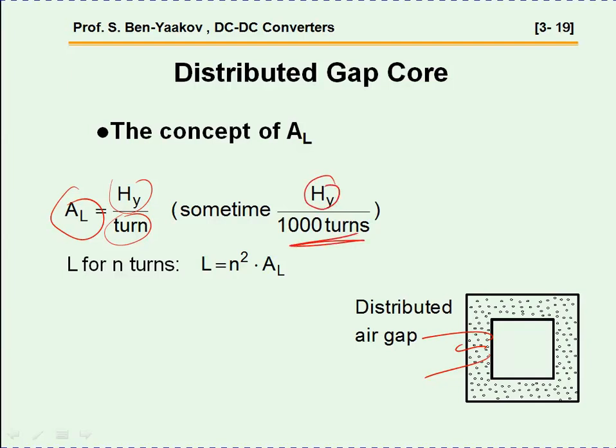Well, some manufacturers do this or that. Now, if it is Henry per turn, then the inductance you will get with a given core will be N squared, we talked about it, times AL.